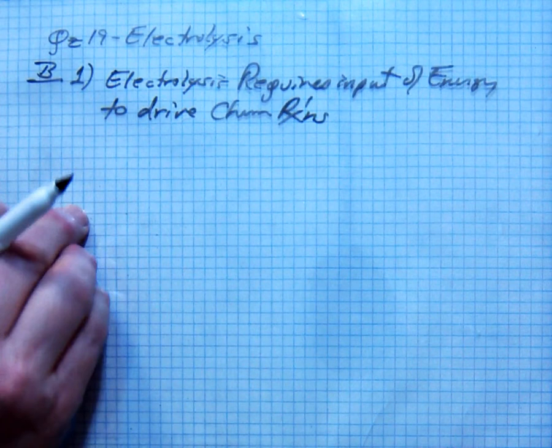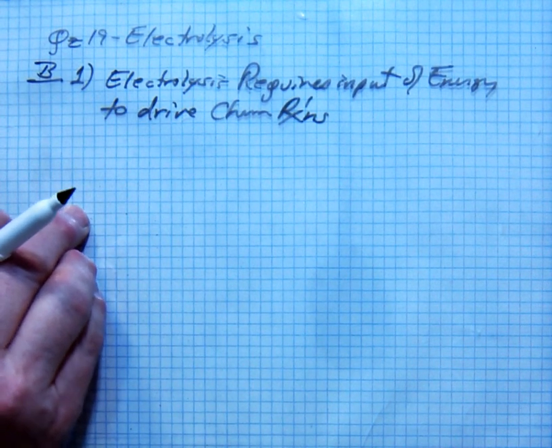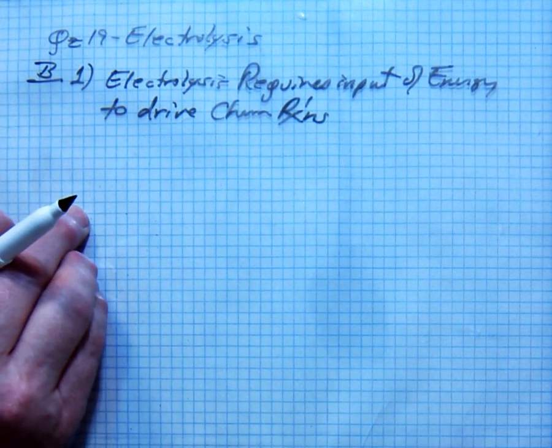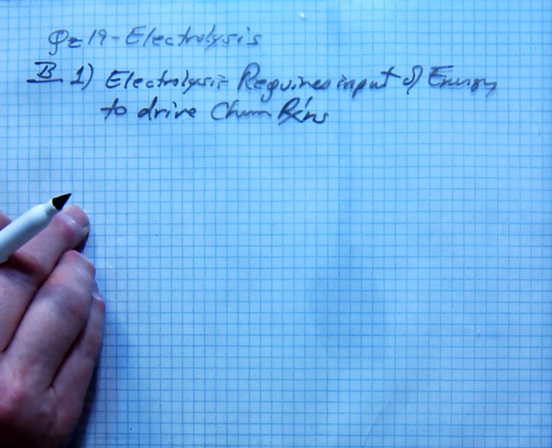The other side of electrochemistry, of course, is the galvanic process, which are chemical reactions producing electrical energy.